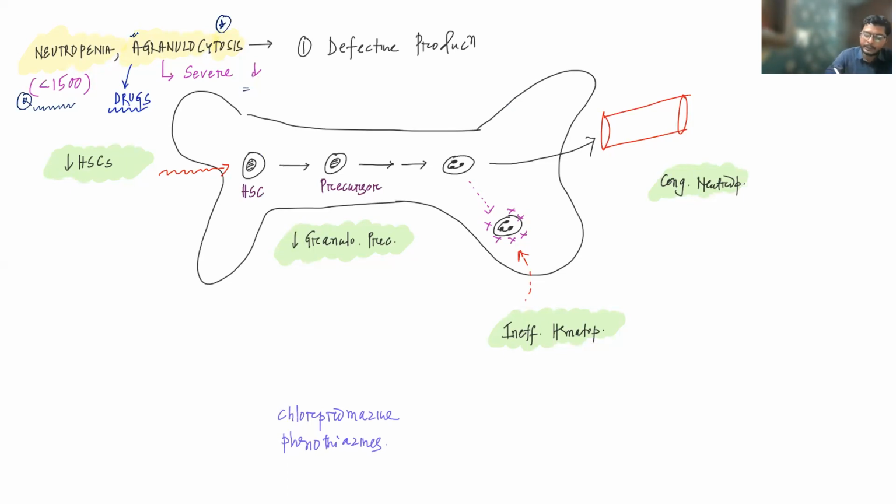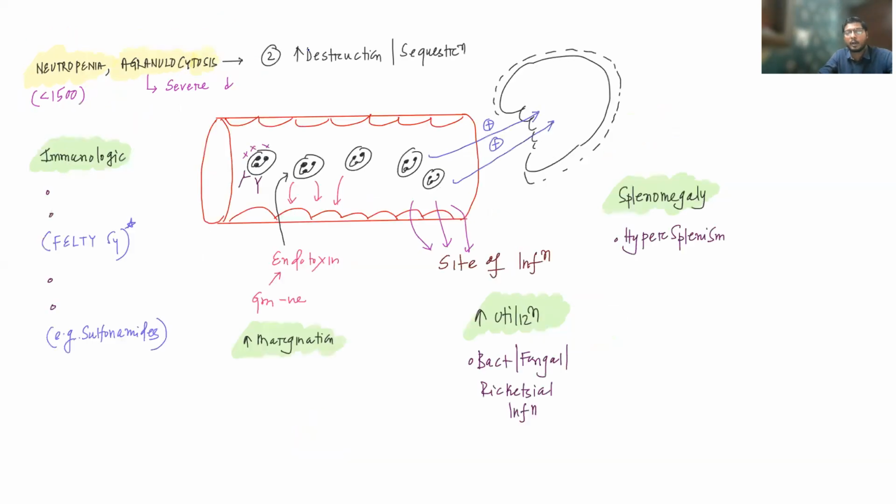It can be divided into two groups. One is defective production, that means there is some kind of defect in the bone marrow, maybe in the stem cells or in the granulocyte progenitors, that can cause reduced production of neutrophils. Neutropenia can also happen because of increased destruction or sequestration, which happens in the peripheral blood.